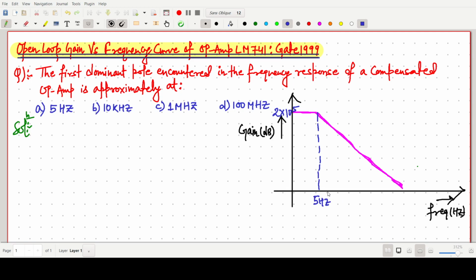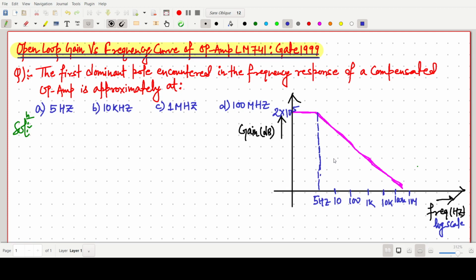Then 10, 100. This scale is a log scale: 10, 1k, then 10k, 100k, or 1 mega.